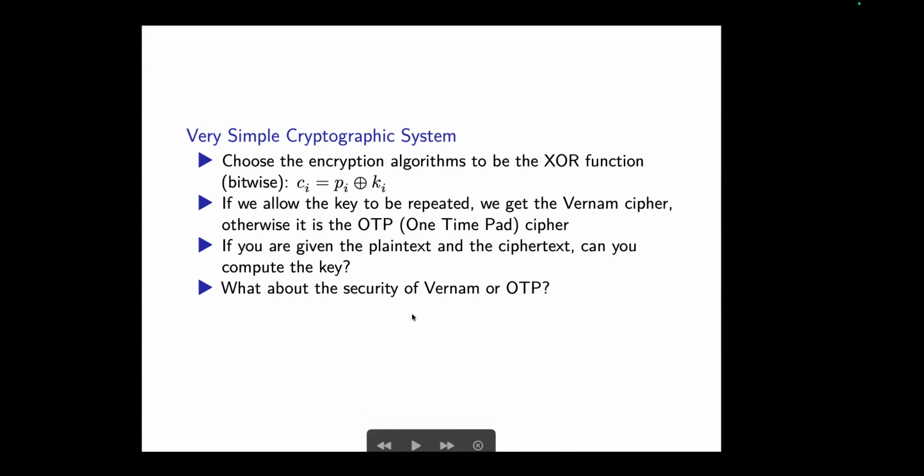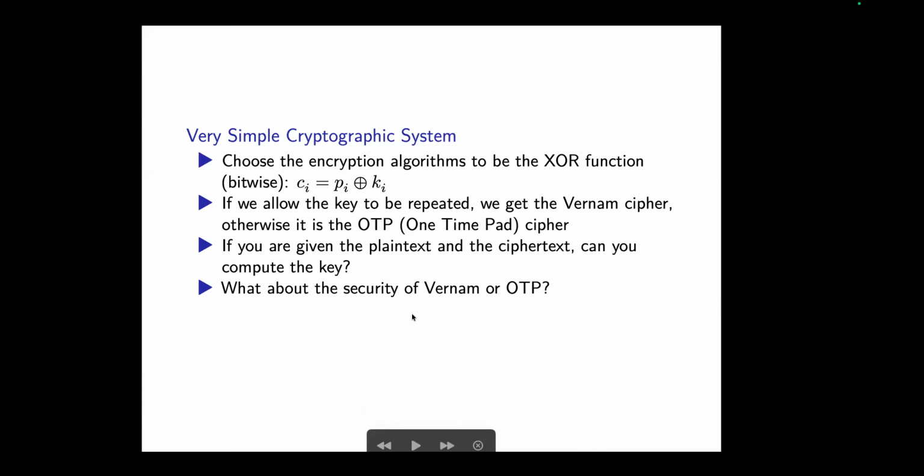One problem is that the length of the key has to be the same as the length of the message. So if you need to encrypt 1 terabyte of data before sending it, you have to have 1 terabyte of key, and you have to generate it first. The second problem is you have to securely communicate the key for every message with the recipient every single time.